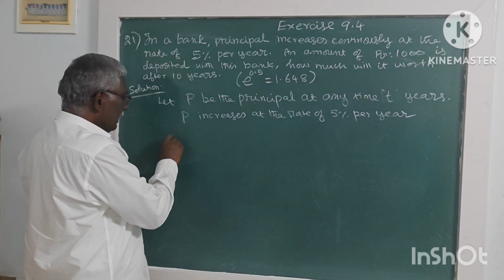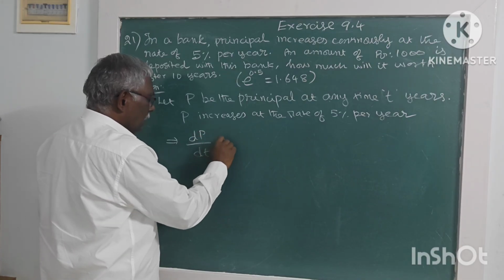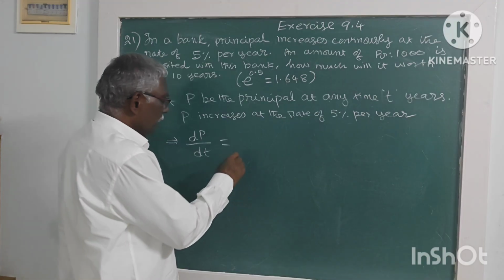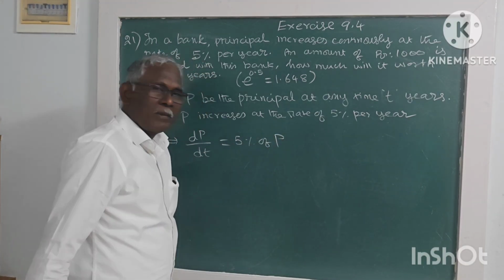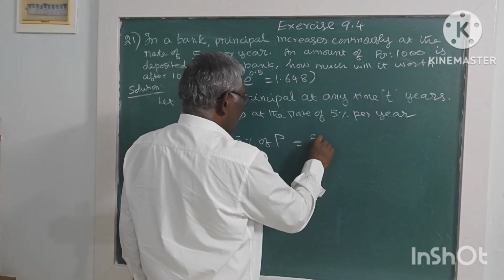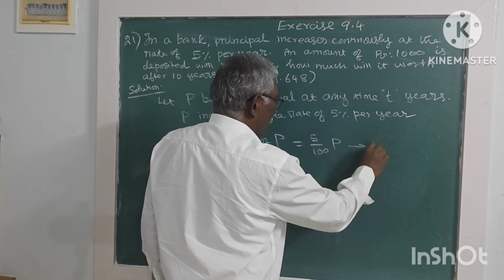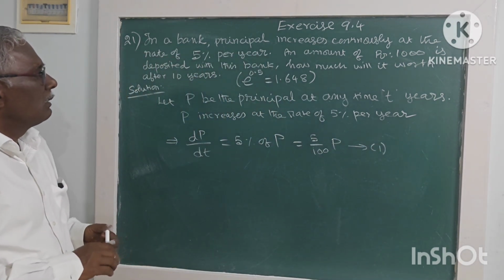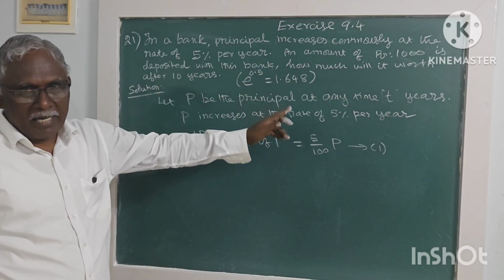So dP by dt is equal to 5% per year, 5% of P per year. So this is nothing but 5 by 100 P. So this is the differential equation, and 1000 is deposited with this bank.